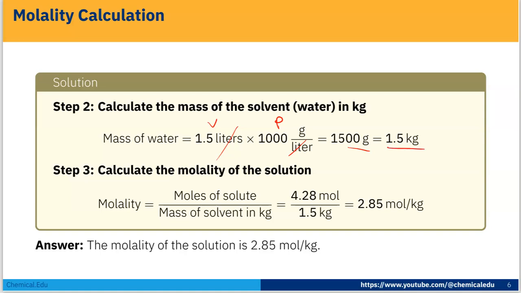So now from here, we know that molality is nothing but moles of solute by mass of solvent in kg. So moles of solute we know is 4.28 mole, and mass of solvent is 1.5 kg. So from that we can easily calculate that molality is 2.85 mole per kg.